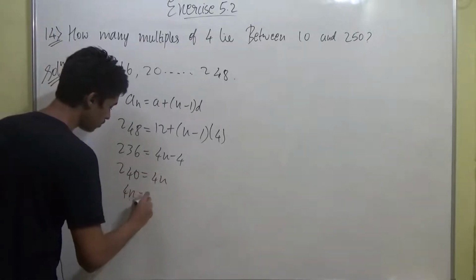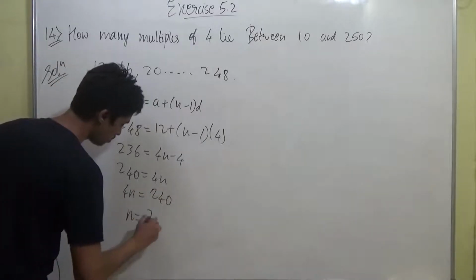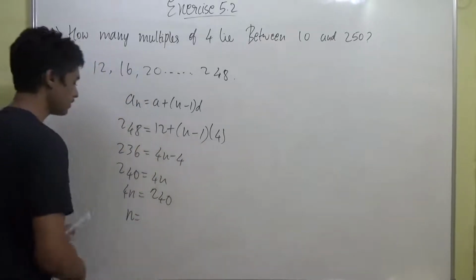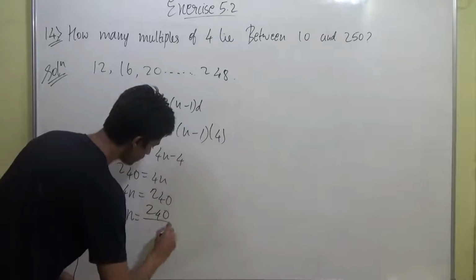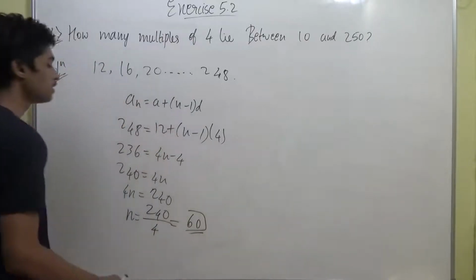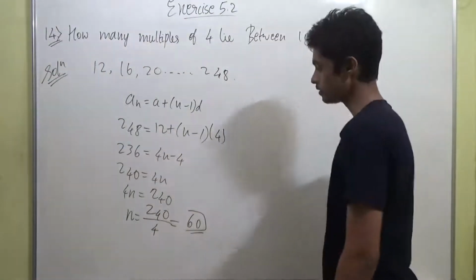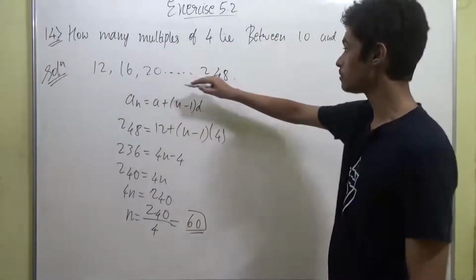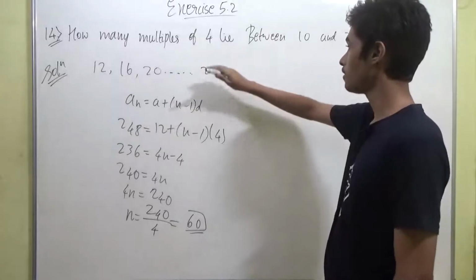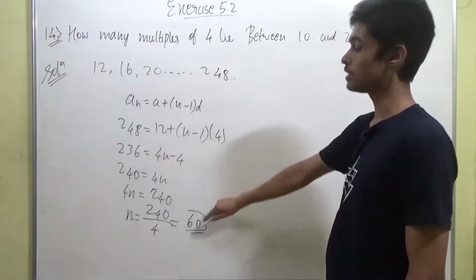So n equals 240 by 4, which is nothing but 60. So the total number of terms in this series, which starts from 12 and ends at 248, the multiples of 4 between 10 and 250, is 60.